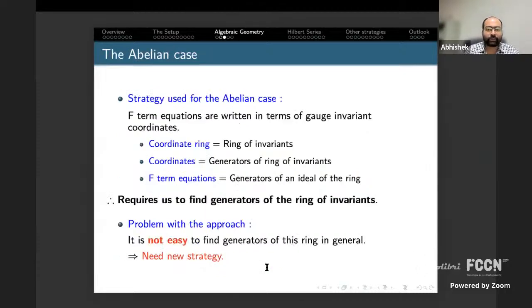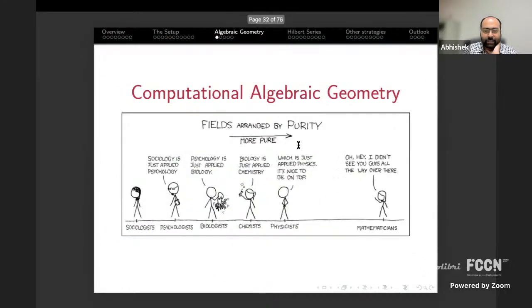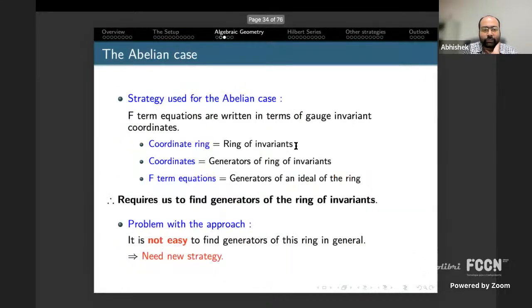So the strategy that we used for the abelian case is that we thought of these F-term equations that we have. We converted all those F-term equations to gauge invariant combinations, and we thought of them as these f1 to fk's as the ideals.